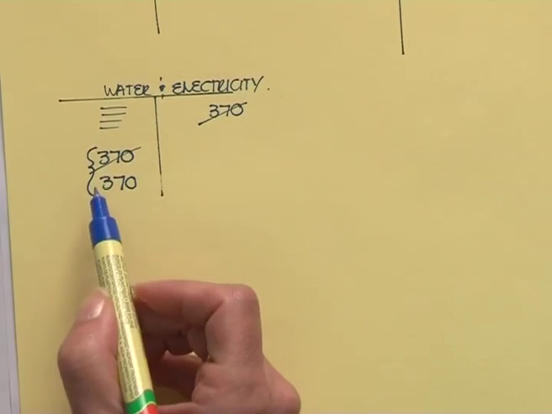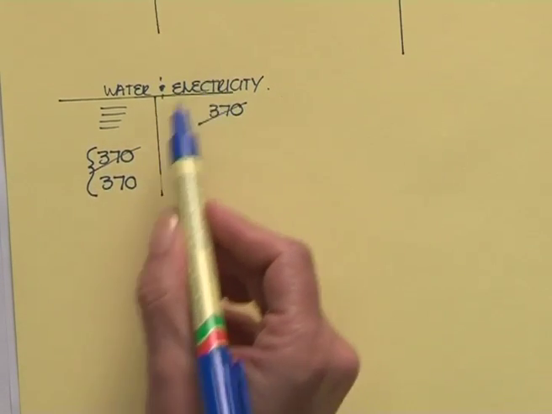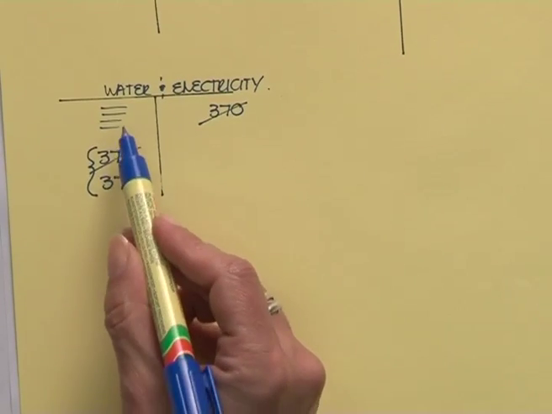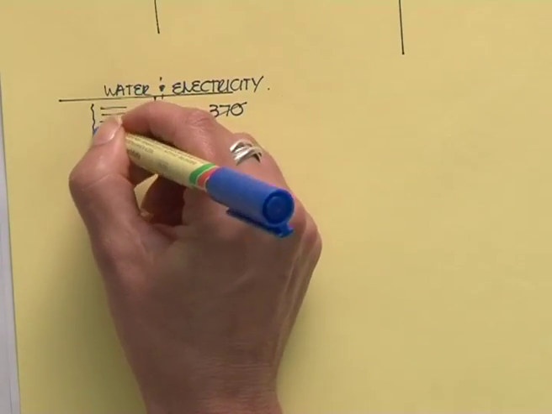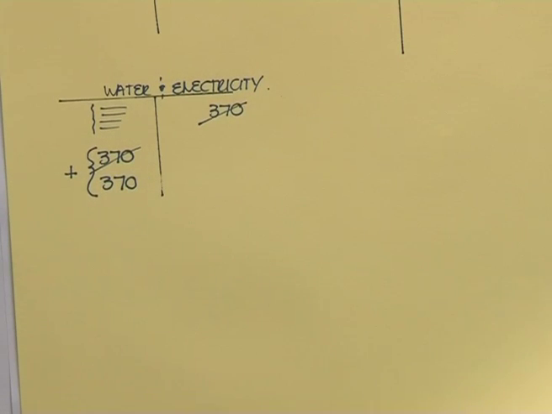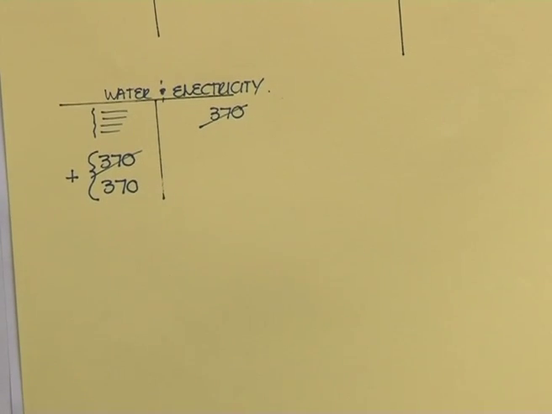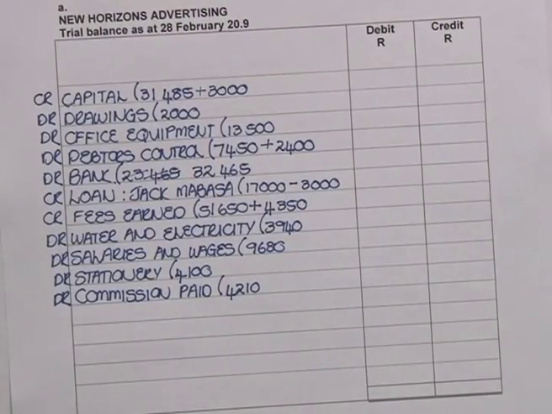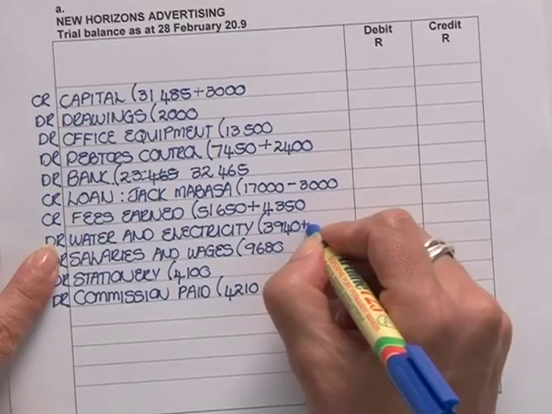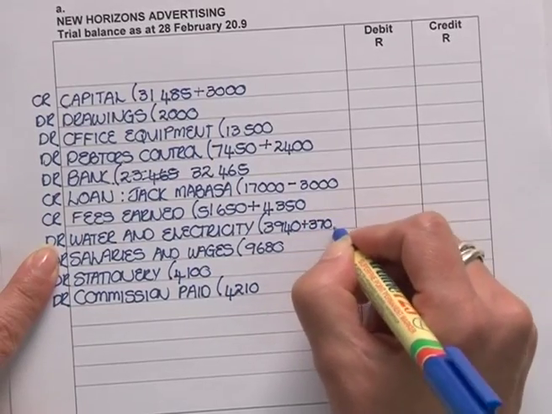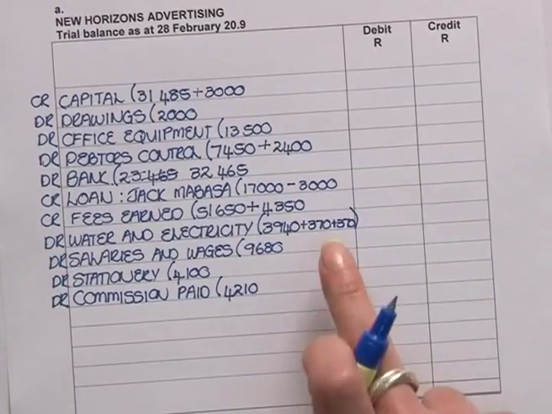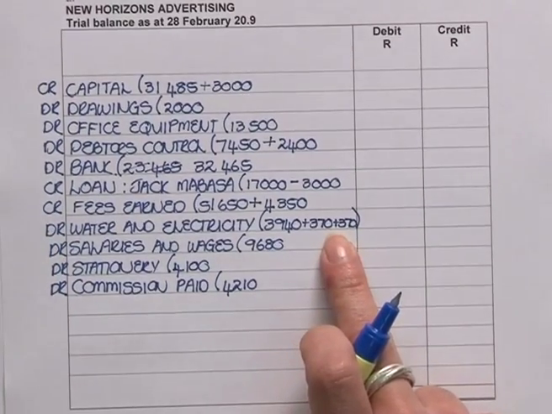This means that we're going to have to debit water and electricity twice with 370 Rand. We already have a debit, so we're going to have to add the 370 to the debit side of water and electricity account 2 times. So if we go to our framework, water and electricity, we already have a debit, so now we need to add another 370 for the cancellation, as well as for the correct entry.